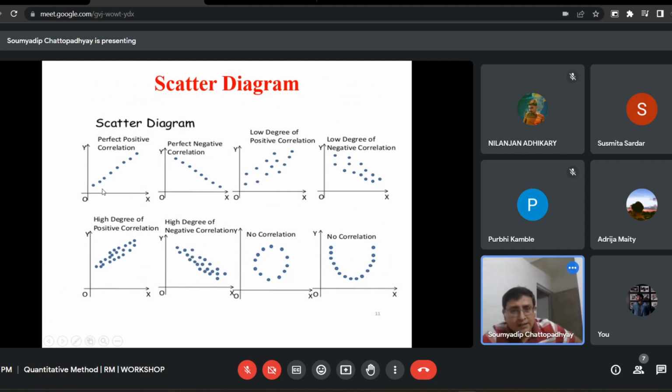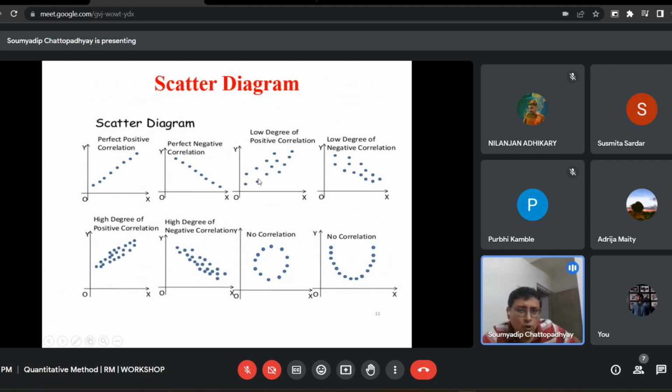And this is the case of perfect positive correlation. Why is it called perfect positive correlation? Because through these scatter points you can think of a specific straight line. That means corresponding to every increase in the value of x, there will be an increase in the value of y. Similarly, this is the case of perfect negative correlation. And this is the lower degree of positive correlation, and this is the higher degree of positive correlation.